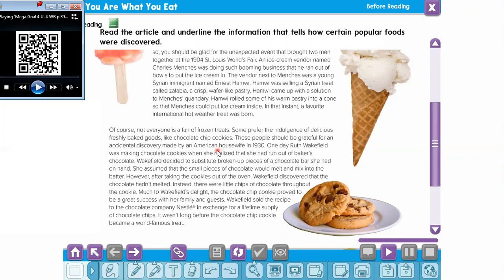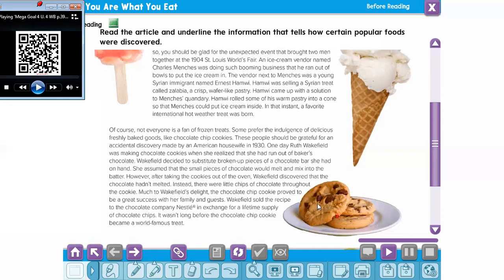Did she discover it accidentally or did she want to discover it? Did she discover it by chance, or did she really want to discover it? No, she accidentally discovered this kind of food.